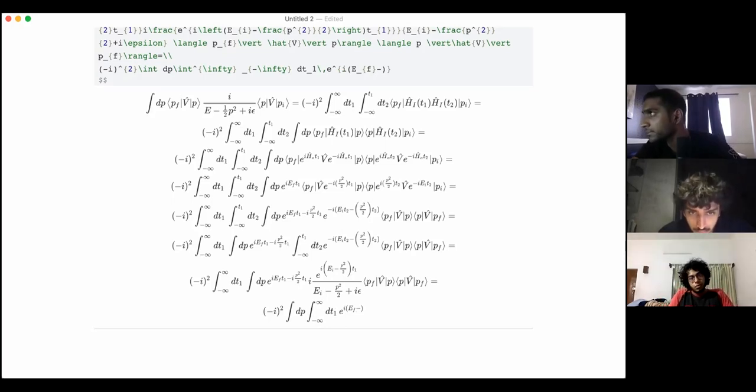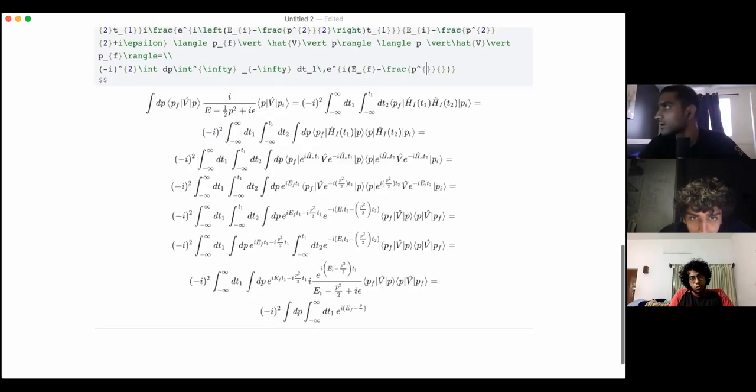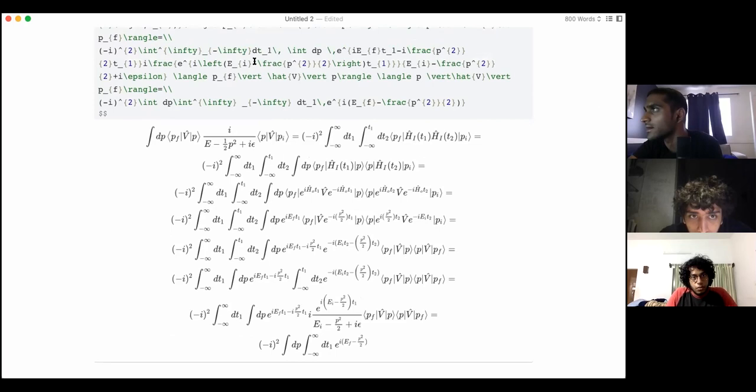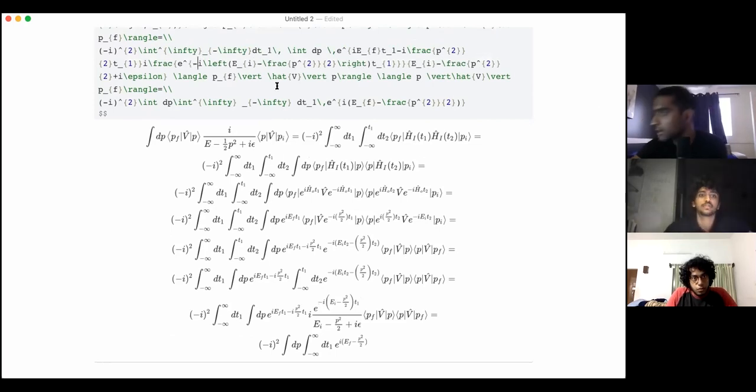Minus p squared over 2 plus E_i. Sorry, is it a minus or a plus? I think there's been a plus or a minus that we played with the wrong way somewhere. Because what should happen here is that the p squared should cancel. We forgot the minus in our previous expression. Are we in agreement? Yep.